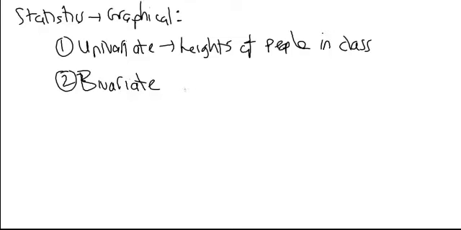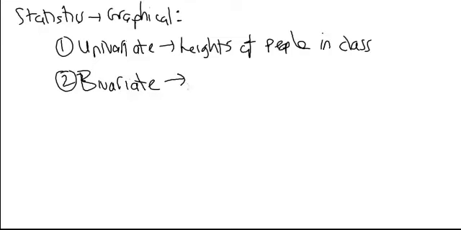Or of course it could be, as we did with the hair color, that's not a number. That's just going to be a list of colors. But the main thing is that it's going to be a list of single pieces of information.